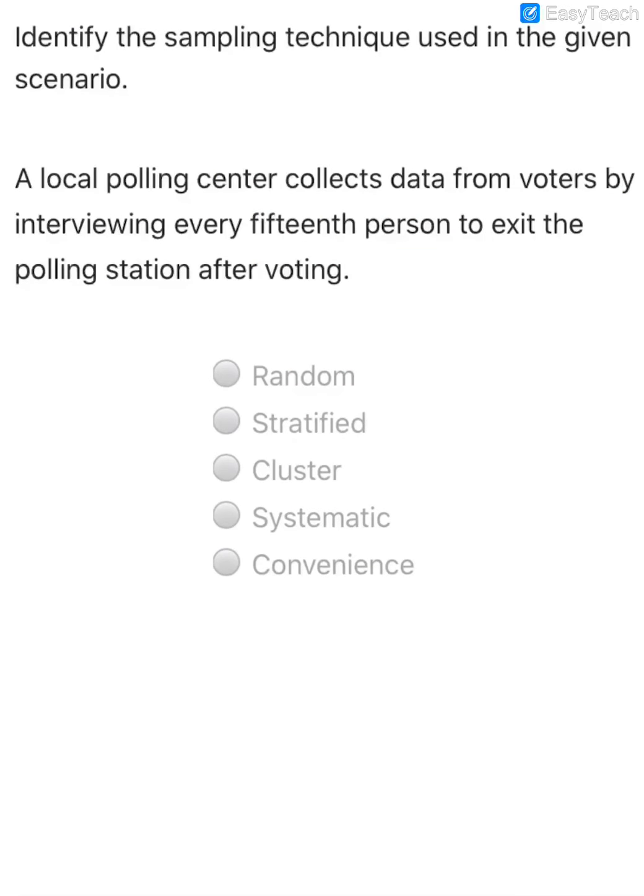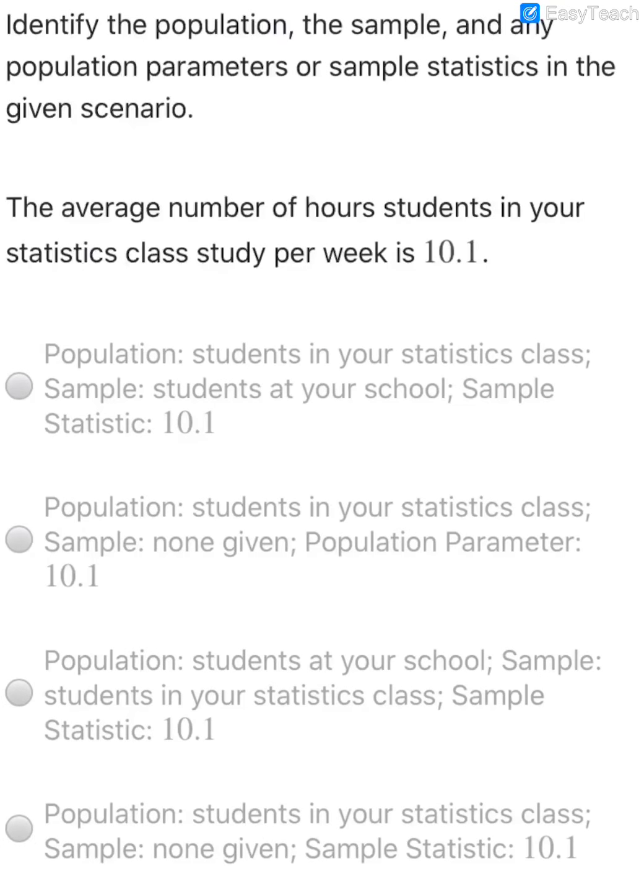Okay, on question 3, it asks us to identify the population, the sample, and any population parameters or sample statistics in the scenario. So we're looking at the average number of hours that students in your statistics class study per week. Here is that number, 10.1 hours. Now, they're not talking about a whole school.